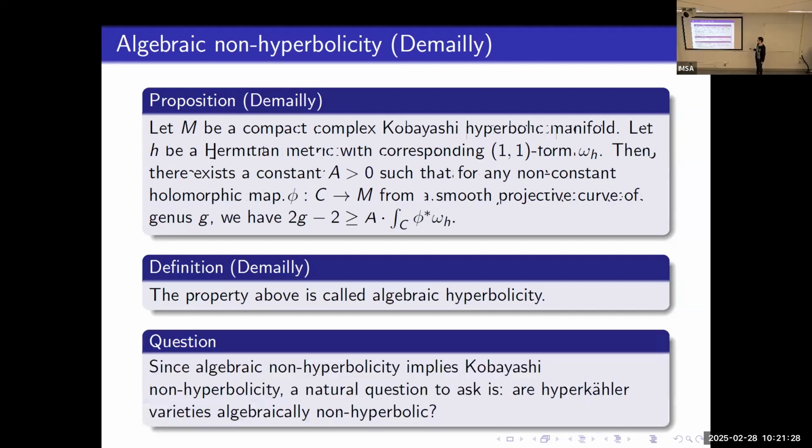Okay, so then in terms of non-hyperbolicity, once you reverse the directions, we have that algebraic non-hyperbolicity implies Kobayashi non-hyperbolicity. So then a further question to ask is, because we're proving non-hyperbolicity of hyperkahlers, are hyperkahler varieties also algebraically non-hyperbolic?